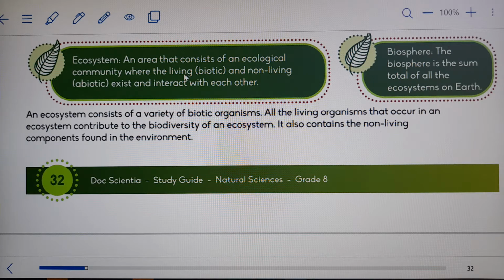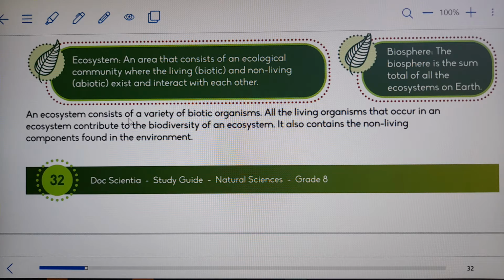Remember, the living substances are biotic and the non-living substances are abiotic substances. We've covered this in your previous grade. They say they exist and interact with each other. And they say the biosphere is the sum total of all the ecosystems on Earth.